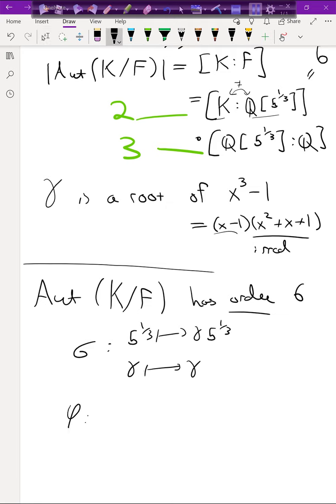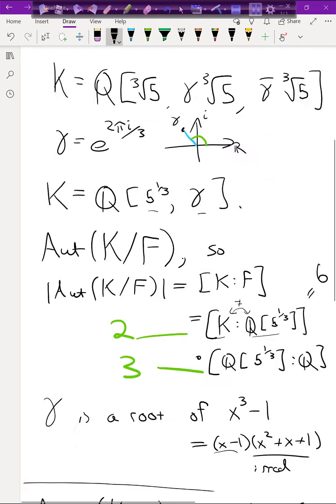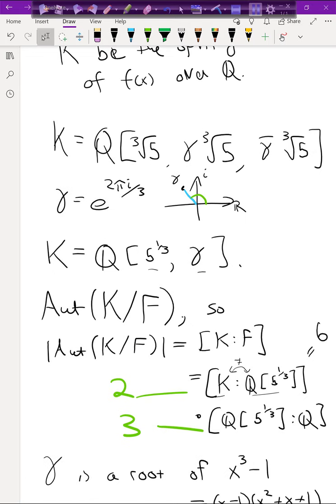Phi is going to fix 5 to the 1/3, and we're going to send gamma to gamma squared, which is also the conjugate of gamma. Remember, any automorphism can only send 5 to the 1/3 to 5 to the 1/3, gamma times 5 to the 1/3, or gamma squared times 5 to the 1/3.